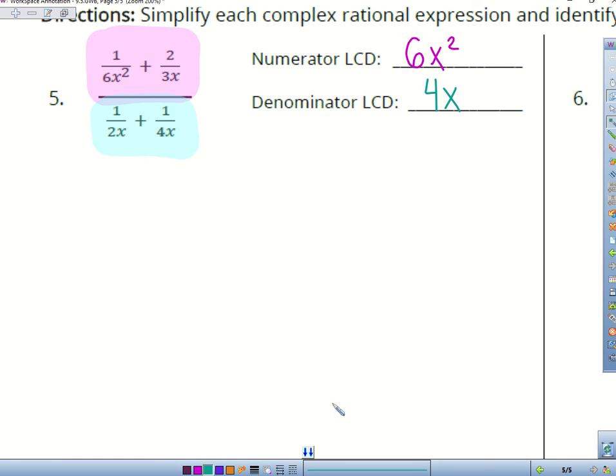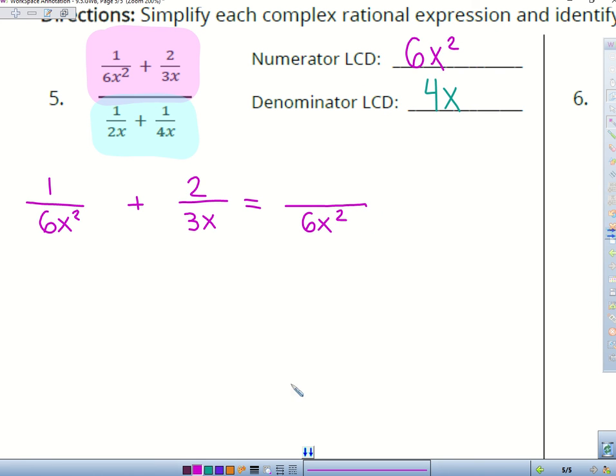So remember, that's our goal, to have each one become one fraction with that denominator. So we're going to have 1 over 6x squared plus 2 over 3x, and that's all going to be equal to something over 6x squared.